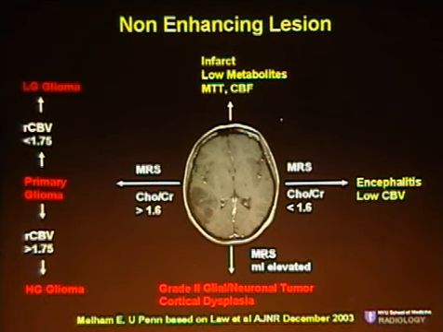If the MRS is showing a high myoinositol level, and a few different people have described this now, you're dealing with either cortical dysplasia or a low-grade glial neuronal type tumor. If the MRS is showing a very high choline to creatine, then you're dealing with a primary tumor, and if the blood volume is low, probably a low-grade glioma. If the blood volume is very high, then you're dealing with a high-grade tumor. So I think in this way you can separate both ring-enhancing and non-enhancing lesions.